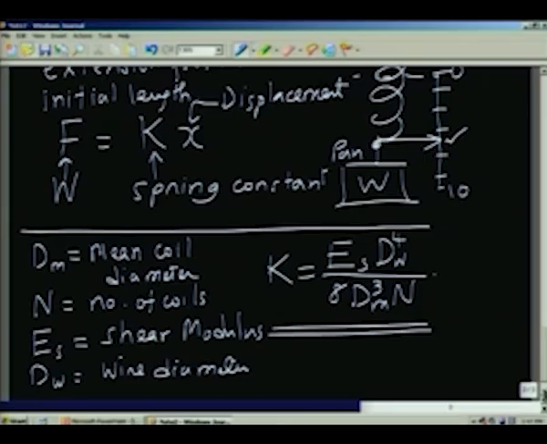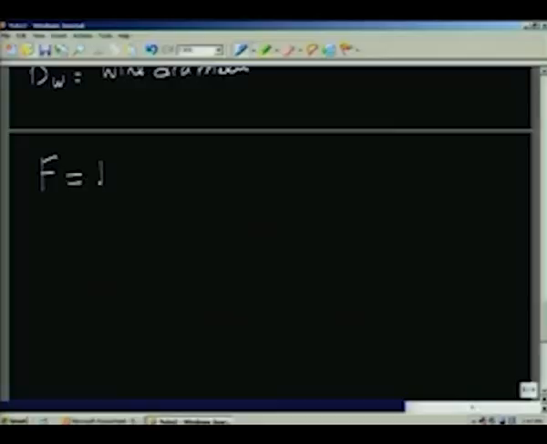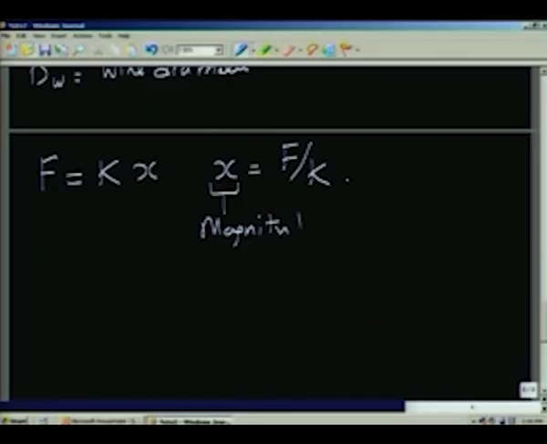So, you can see from this equation F equal to Kx, we can see that this x is nothing but F divided by K, and the magnitude of the displacement is inversely proportional to the spring constant.